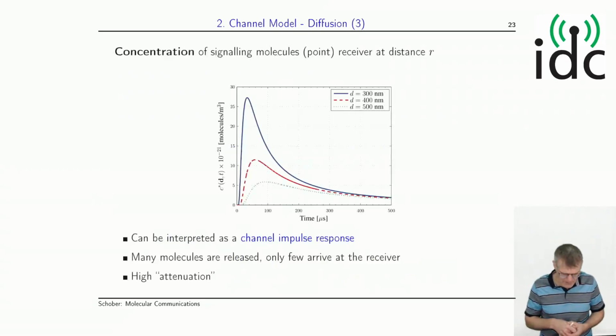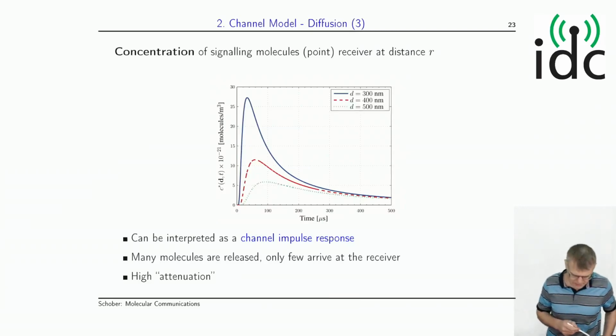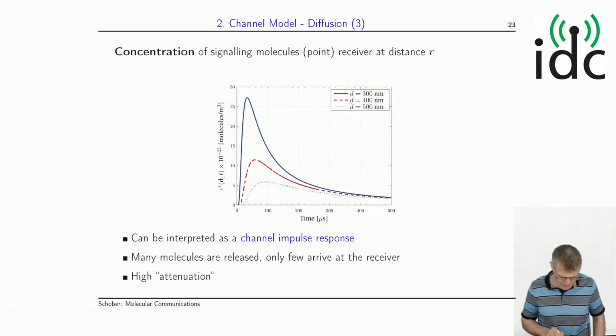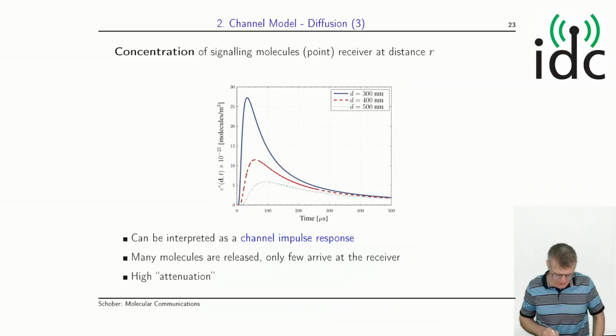But let's go back to the first equation that we had, the simple one, and illustrate this a little bit. So we plot here this concentration as a function of time. So basically we observe the number of molecules at a certain distance from our point source after the point source has released the molecules. And we observe it at different distances. So the different curves are for different distances between transmitter and observation point.